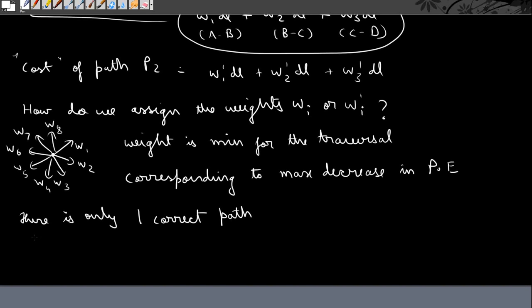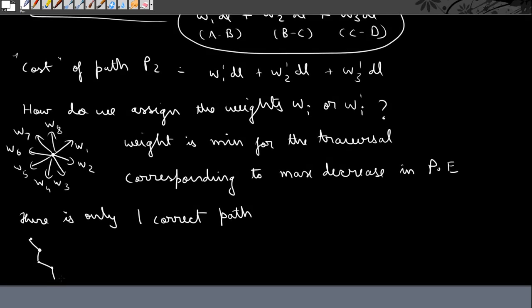This path is the one where the ball starts with the initial position and it traverses in the direction which it most prefers, which is basically in the same direction as the gradient of the potential function. So let's say it travels this way, and then again the ball stops because we are going to neglect the kinetic energy and we are assuming that the velocity is infinitesimally small, and again it decides the direction based on the maximum decrease in potential energy, and let's say it goes like this, and again like this, again like this.